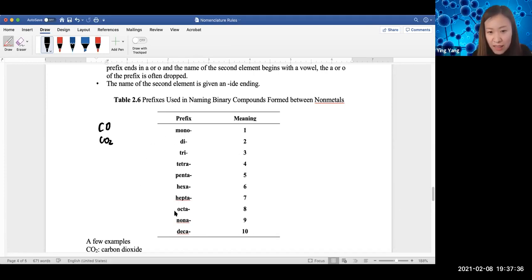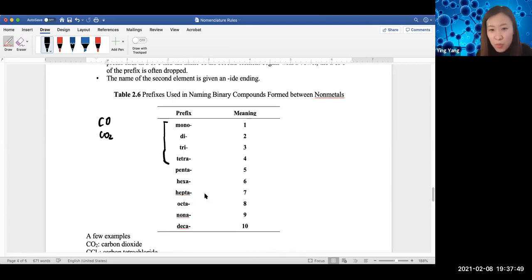Usually in this class, you're going to see mono, di, tri, tetra more often, but as you proceed to higher-level classes, you're going to see these as well.